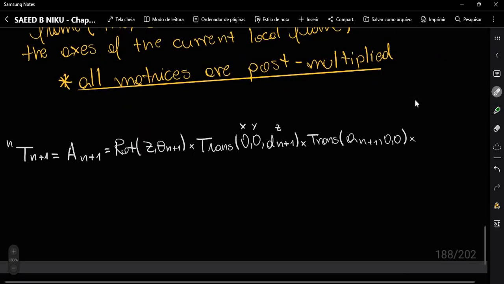So rotation x alpha n+1. Okay, this is our transformation equation.